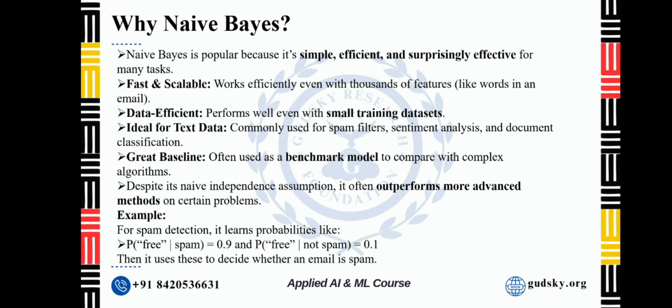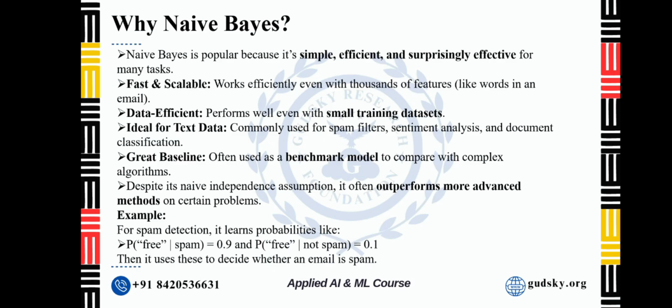Let's break it down. Fast and scalable means it works even when you have thousands of features, like all the words in an email or document. And data efficient: it doesn't need tons of training data to perform well, ideal for text data. That's why it's widely used in spam filters, sentiment analysis, and document classification.